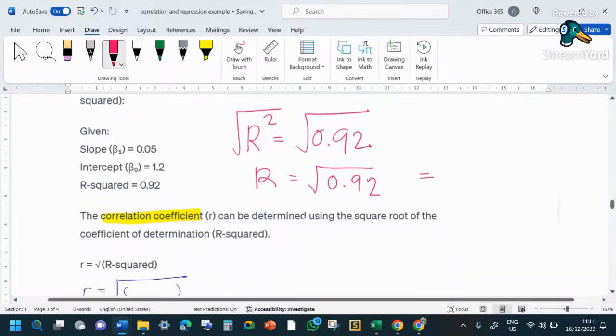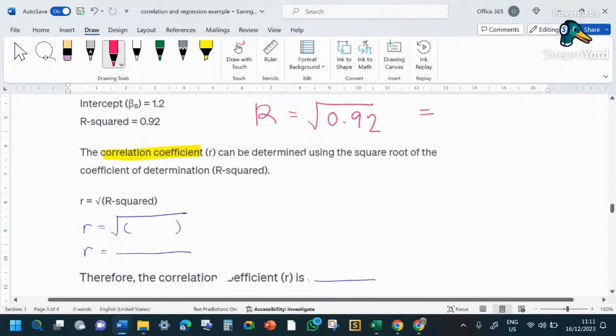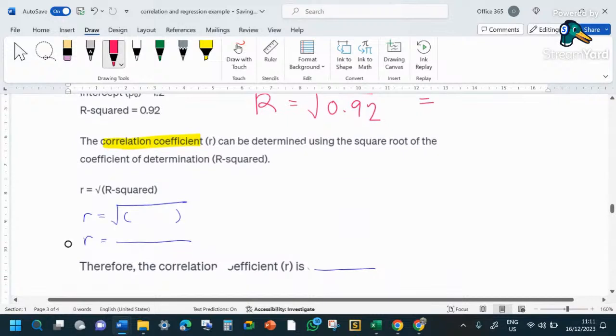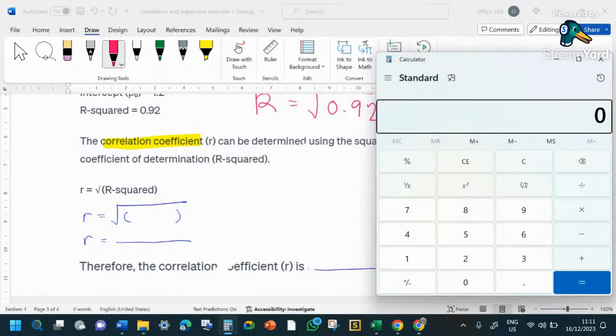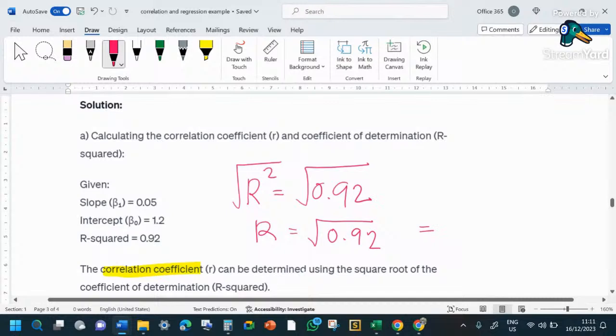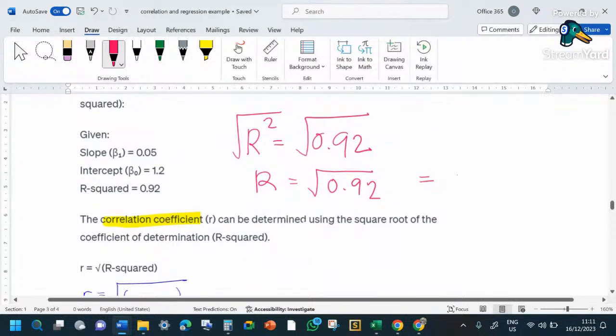And this gives us a value of, oh, it's not here. So let's just calculate it. 0.92. Oh, I have computed it already earlier on, it is 0.95. Square root of 0.92 is 0.95. Okay.